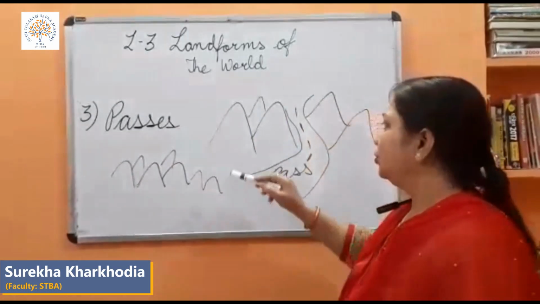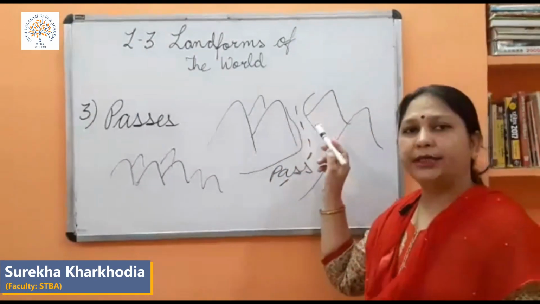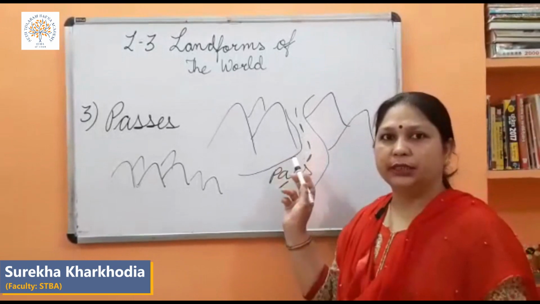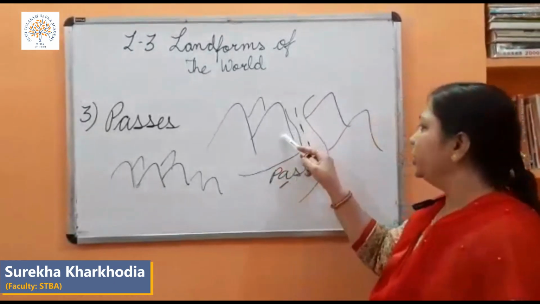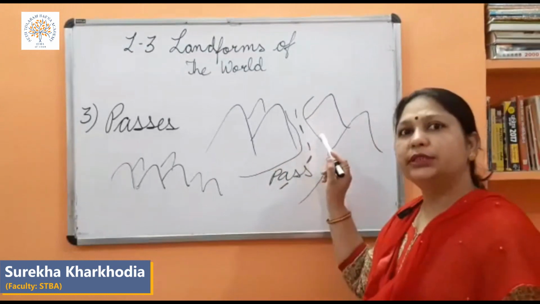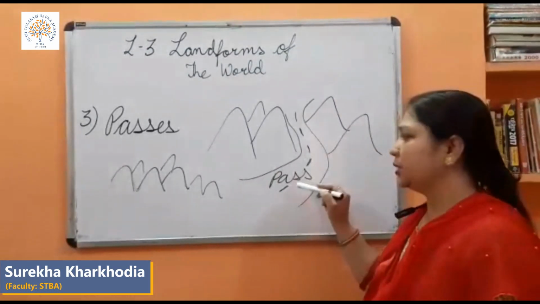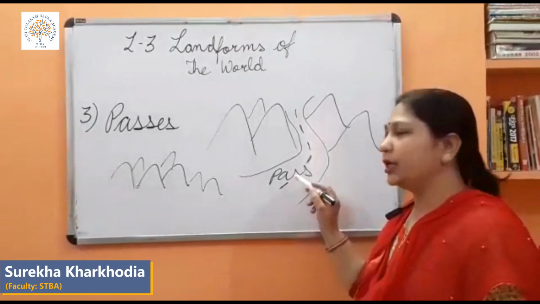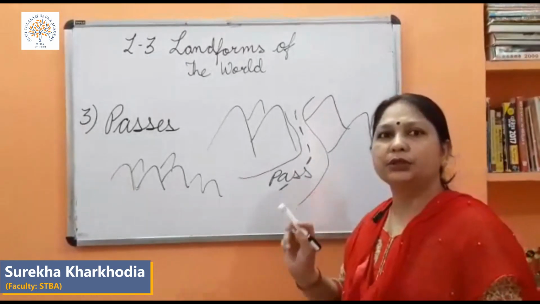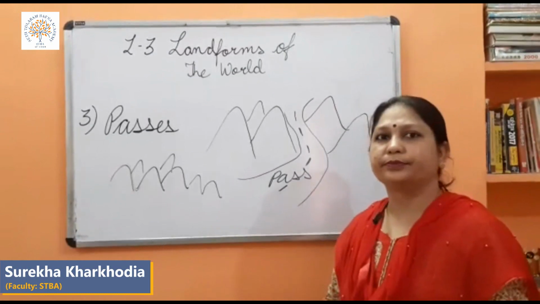So the mountain ranges are so high that it is very difficult to cross and go to the other place. So in between these mountains, some narrow gaps are there. These narrow gaps are known as passes, and these passes are formed and give a way through the mountains.